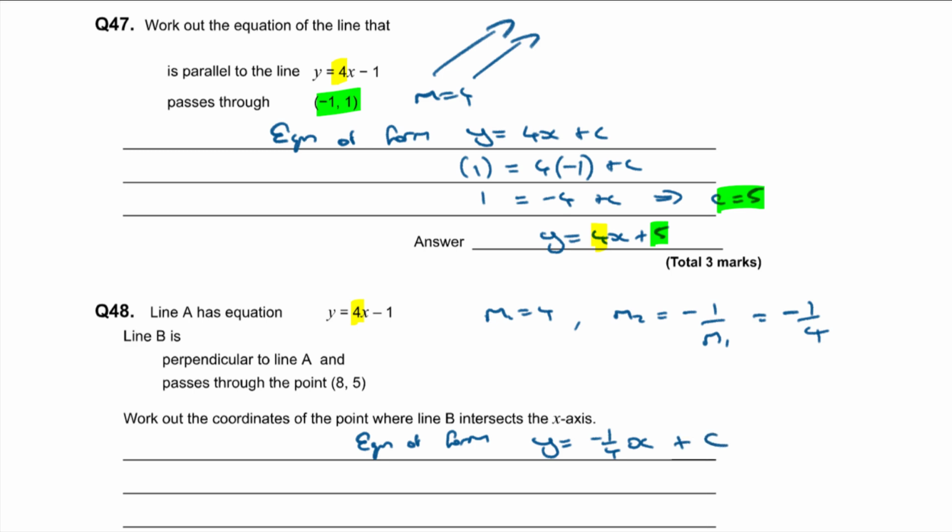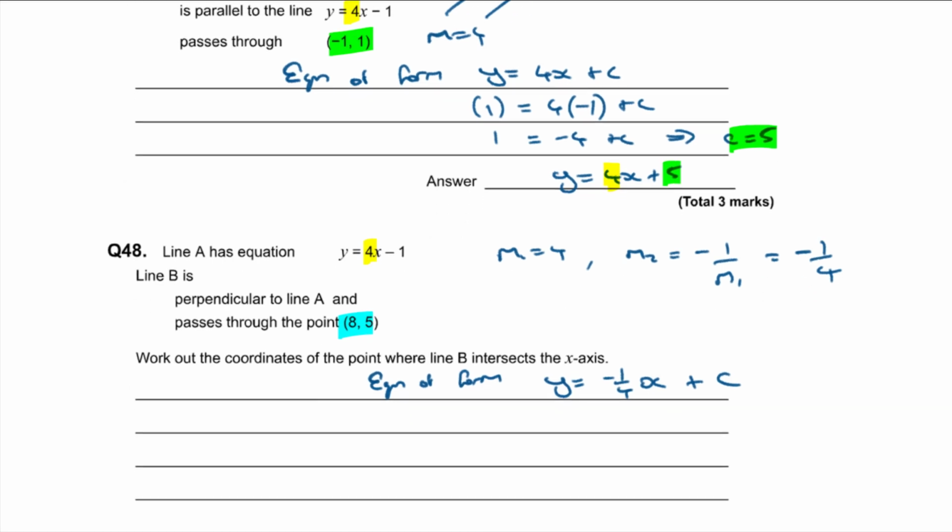Okay. Now we know it passes through the point 8, 5, so we can say passes through 8, 5. So subbing that in for y and x, then I'm going to get 5 is equal to -1/4 lots of 8 plus c. Okay, well that's 5 is equal to -1/4 lots of 8 is -2.